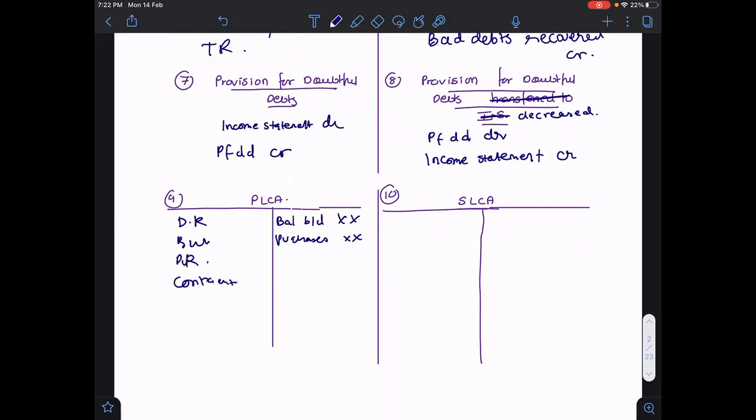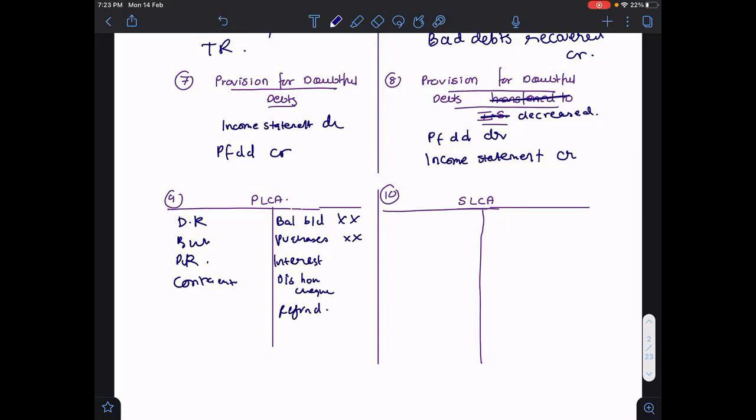Okay. There are few unusual items on the credit side. What are they? Interest overcharged, dishonored cheque interest, and refund.